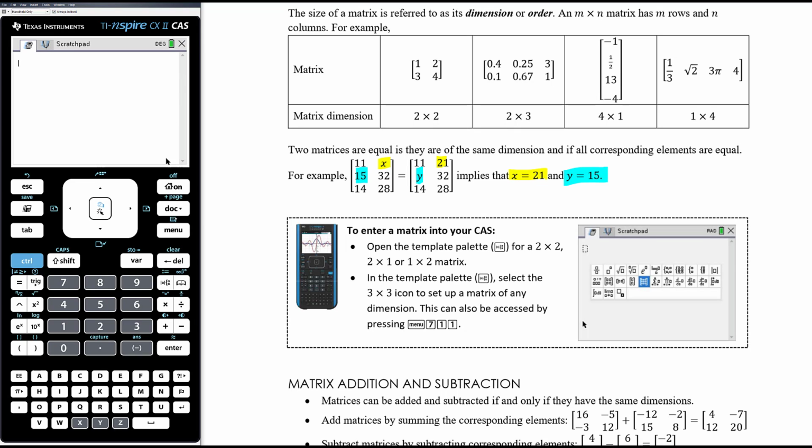But you've got those shortcuts for just a 2 by 2 matrix if you need to access those. And then quite literally you just enter the numbers into the boxes, and there you go, you've got a matrix.